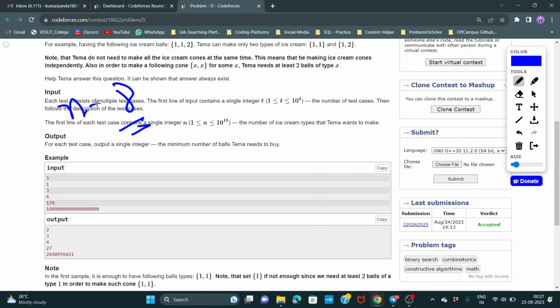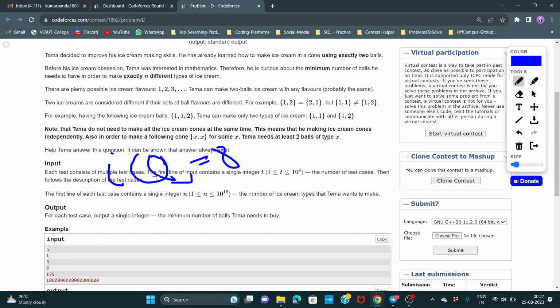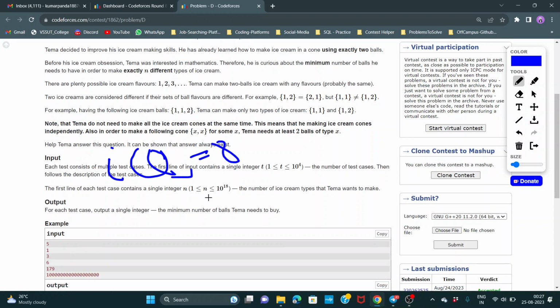The ice cream value is 8, and at first you have to find the maximum number of different flavored balls I can take.